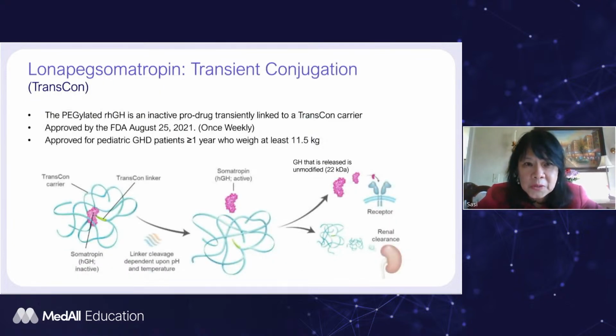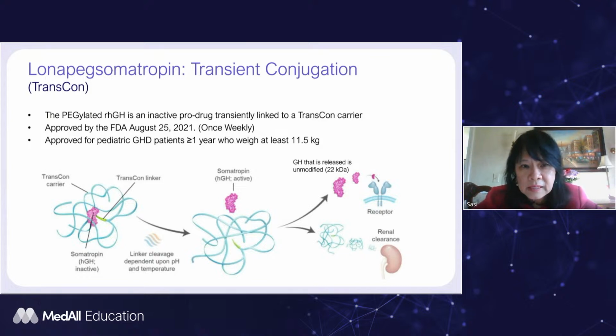I'd like to show you the different forms of long-acting growth hormone, with the different technologies we use to prolong the duration of action of growth hormone. The first one is lonapegsomatropin, and this is done by TransCon technology. TransCon is transient conjugation.